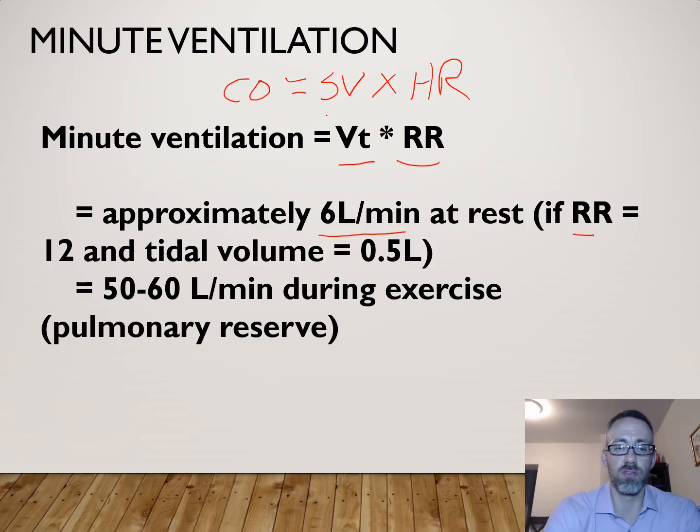So this is actually referred to as pulmonary reserve, which is the range you could increase it above your resting minute ventilation. How high can it go? Same concept as cardiac reserve. How high does your cardiac output go in response to the exercise? So this is in similar principle. So obviously, if you're exercising, the oxygen demand would go up. So we're going to need to be able to move more air into our lungs.